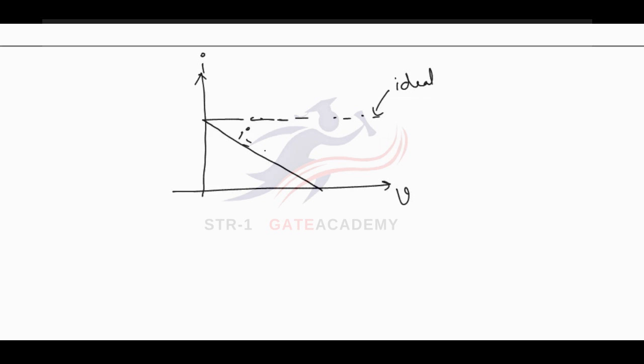Now here the current will be IS minus V by RS. This is my IS, and at this point current I is equals to 0. So what we observe here is that in a practical current source, the load current varies with load voltage.